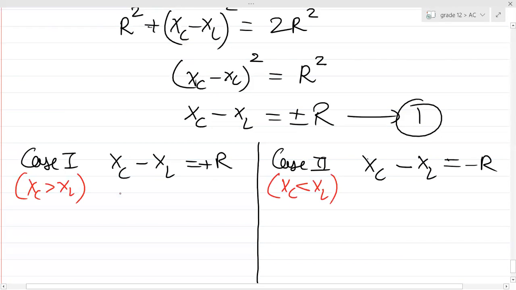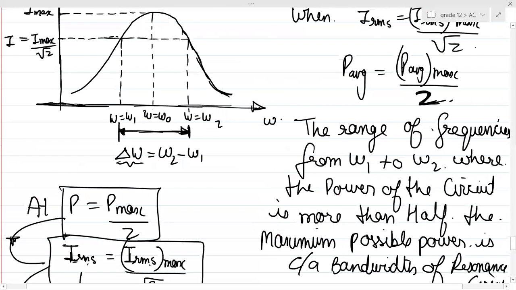So do you remember the two cases? Circuit is capacitive, circuit is inductive. So basically when I solve these values now, I'll get omega 1 and omega 2 indirectly.